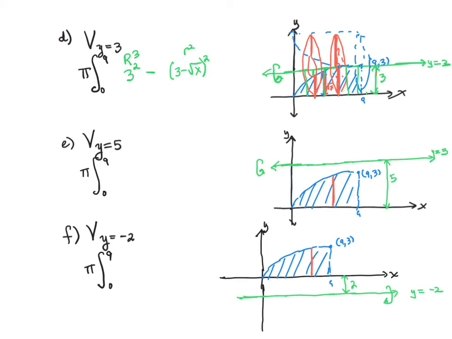So that is a little bit confusing, because the outer radius here, which is this distance, is always from the center of the washer to the x-axis, and that will always be 3. But the inner radius will vary depending on the radius of that hollow circle, and that will be (3 minus root x) squared. And we put brackets around here, and we have dx.